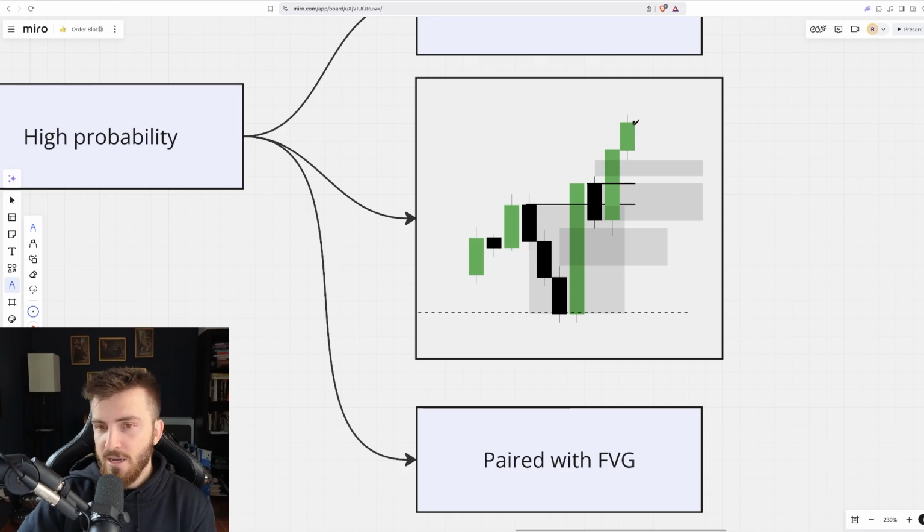It's because if the market comes all the way back down, let's say the market is here, you also want the fair value gap to be respected. Therefore, by the close of this candle, you would want to see it at least here, which makes this entry a very good entry because at the candle closure, you are already in profit, right?